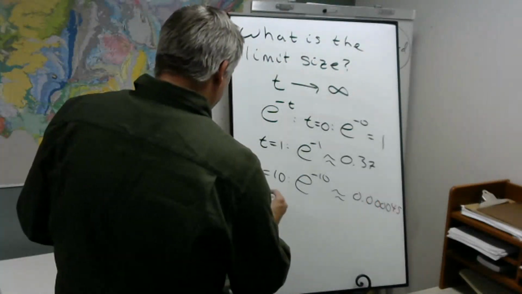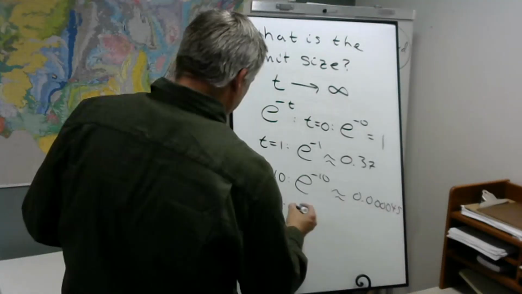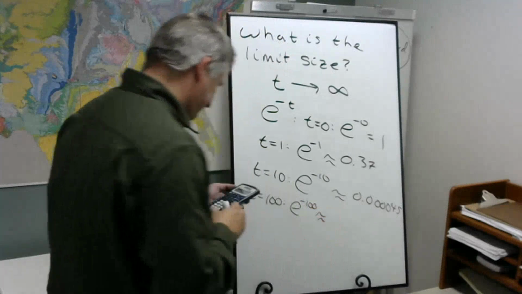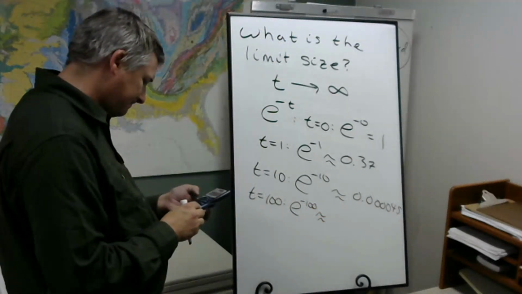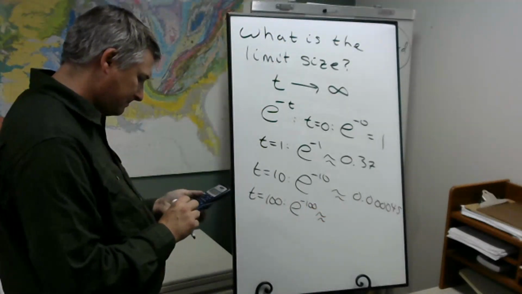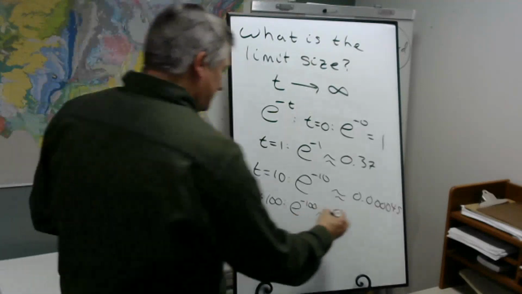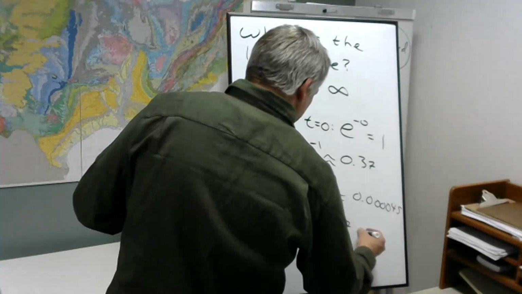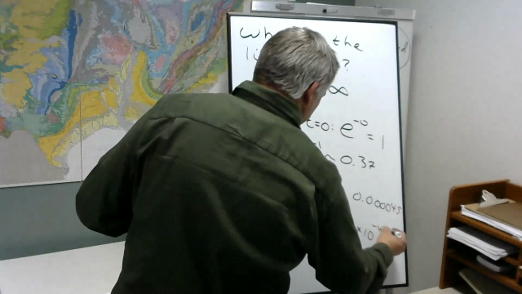Whew. Let's go t equals 100. I don't think there's going to be much left. I get about 3.7 times 10 to the minus 44.